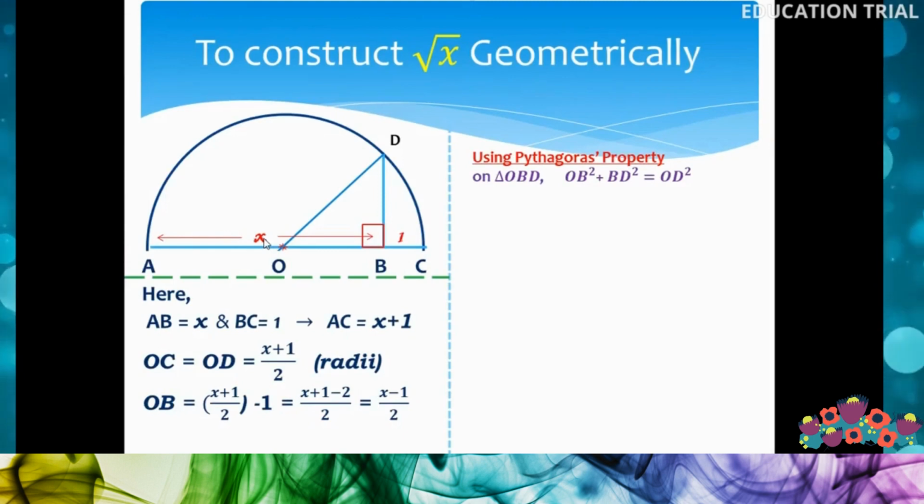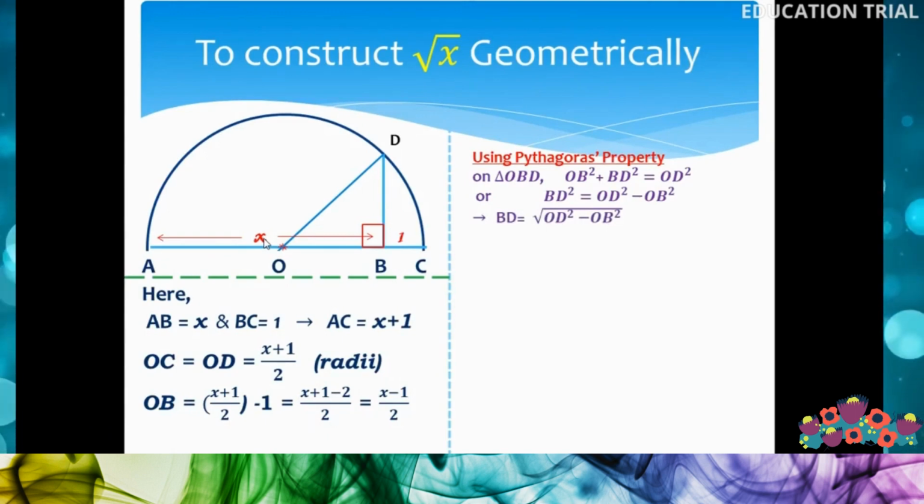But here OD and OB are two known values, and we are trying to find the value of BD. So we rewrite this equation as BD square is equal to OD square minus OB square. From here, BD is equal to square root of OD square minus OB square.